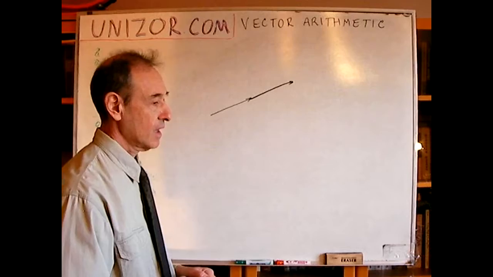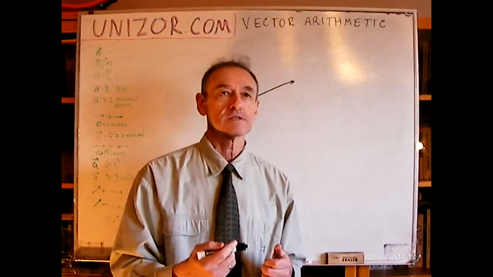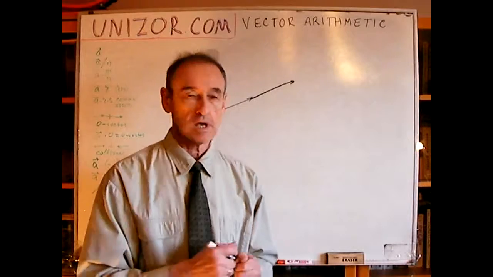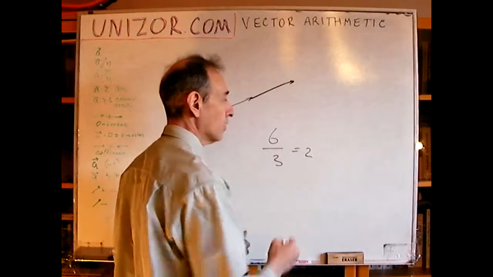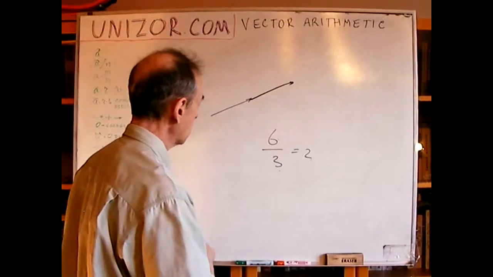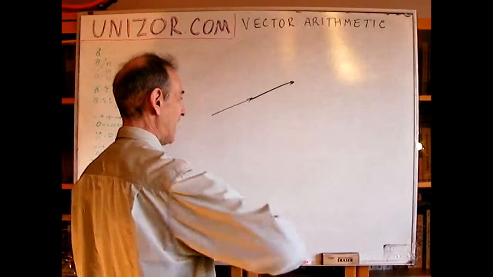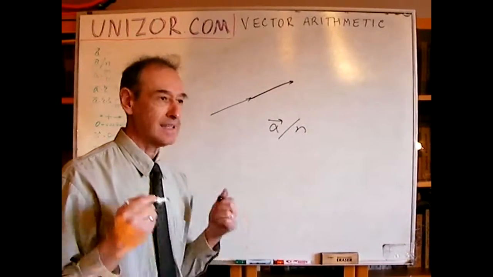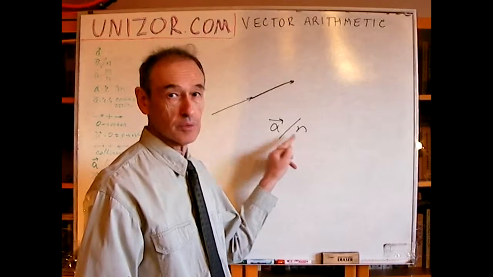All right. Now, how about division? Well, division by a natural number, let's just think again. What is the definition of division if you're dealing with numbers? What does it mean that 6 divided by 3 is equal to 2? It actually means that 2 multiplied by 3 is 6, right? So, in case of vectors, if I want to divide vector a by n, it actually means to find another vector which, if multiplied by n, would give a.